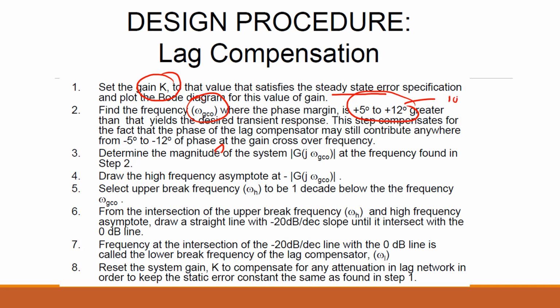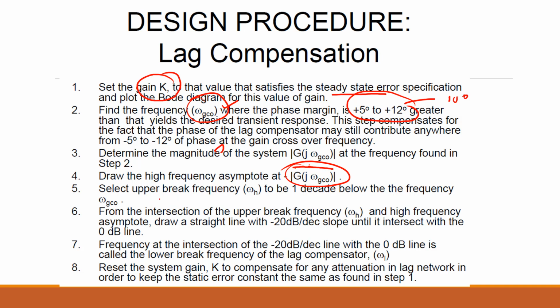Usually it takes about 10 degrees for the new phase margin, and then determine the magnitude. From the gain crossover frequency, we find the magnitude at that frequency, and then sketch or draw the high frequency asymptote.